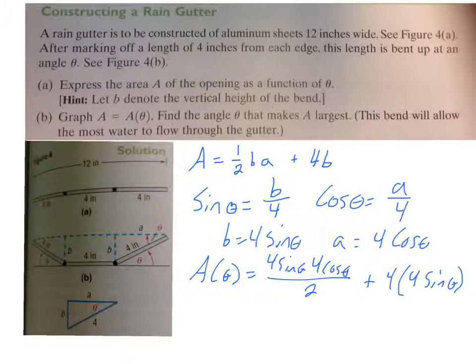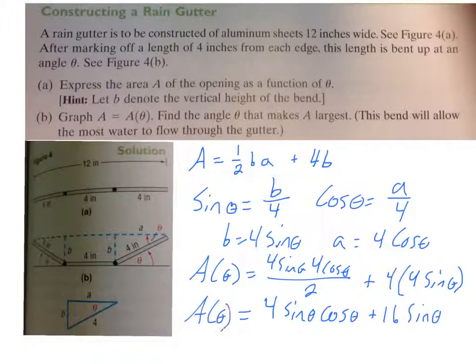Right, and if we simplify that, we'll end up getting 4 sine theta cosine theta plus 16 sine theta. So that should be our A of theta, right? And if we go ahead and we maximize that in our calculator.